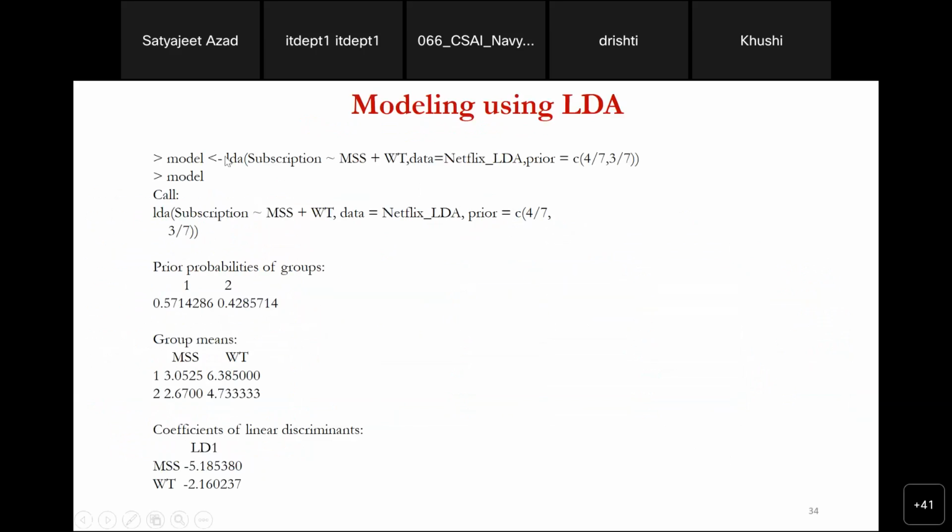We read the CSV, then applied this linear discriminant analysis with the target variable and these two features, and we picked up the prior probability. Then this has given us the group means, and also the linear discriminant. These are the coefficients of the linear discriminant. This is the axis, the equation of this axis.